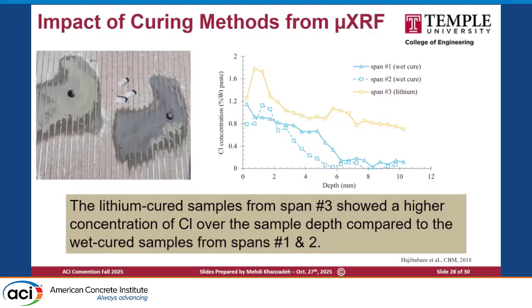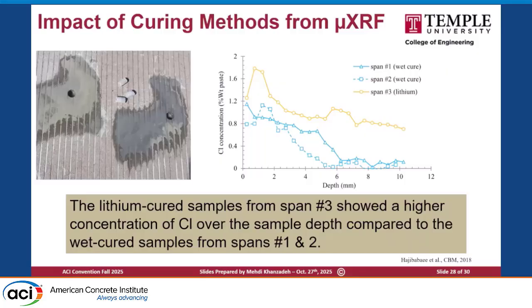The last example I have in this case is the impact from the curing methods. There was a lot of controversy on the use of the lithium silicate curing compounds. So they came to us, and we went to basically core different samples from the bridge decks.